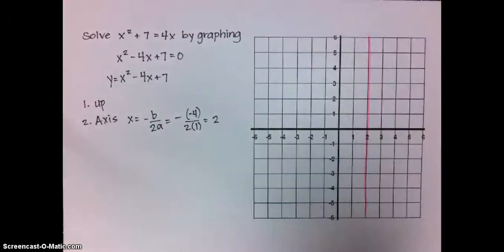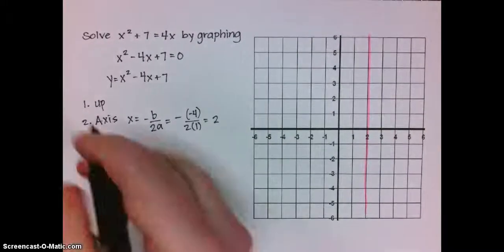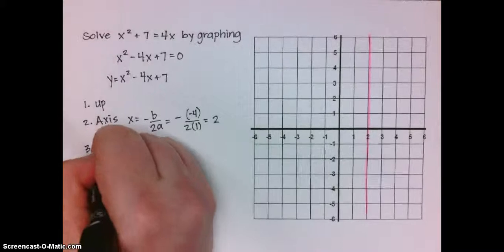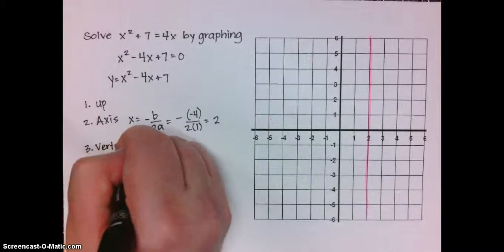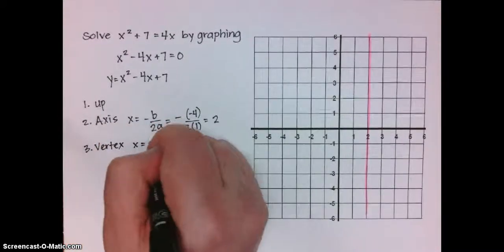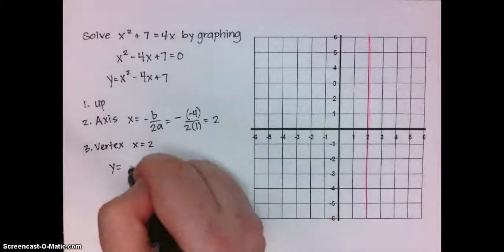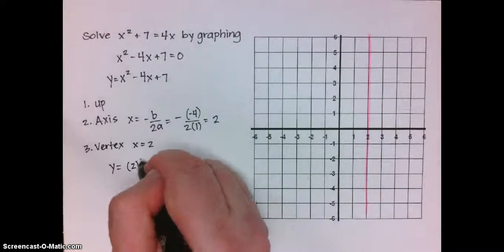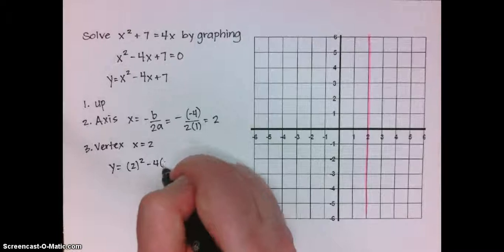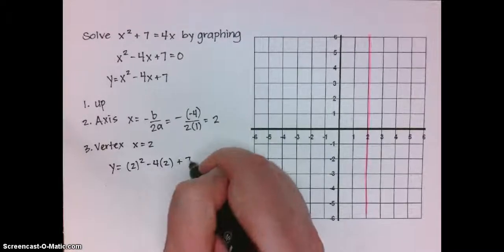Right, there we go. Okay, third step, let's find the vertex. So when x is equal to 2, we want to find out what the y is. So let's plug it in. 2 squared minus 4 times 2 plus 7.